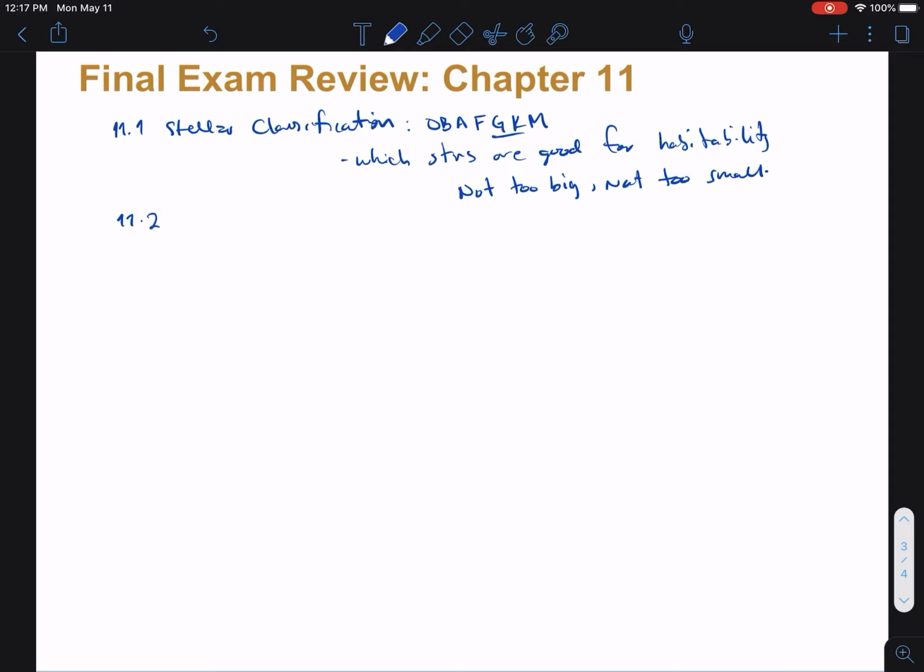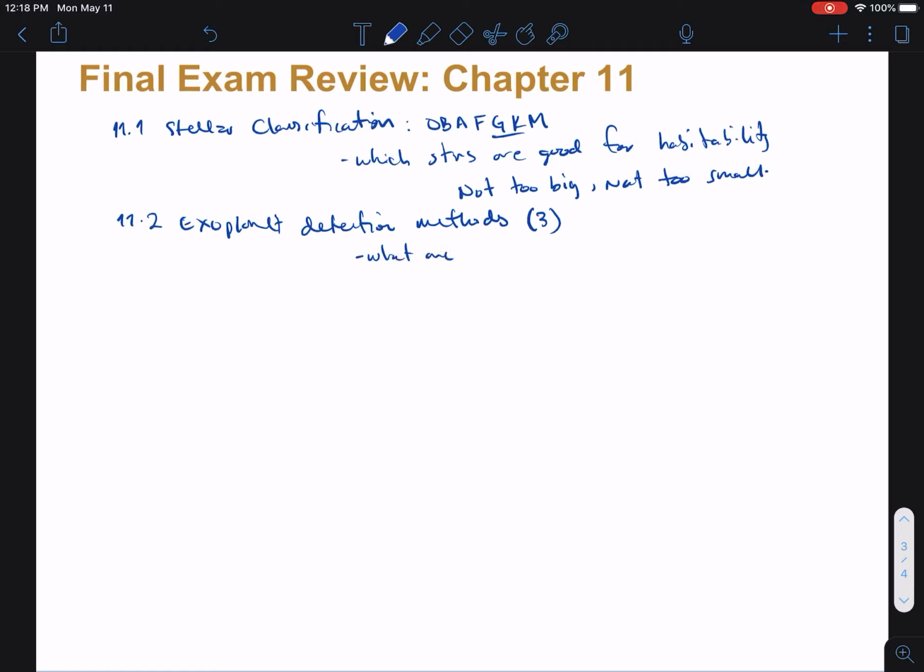And then we talked about exoplanet detection methods. There were 3 of them. The transit method, astrometry, and the Doppler shift method. You should be familiar with all of those.